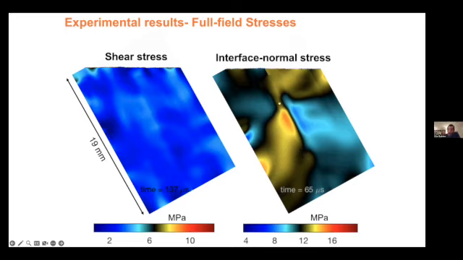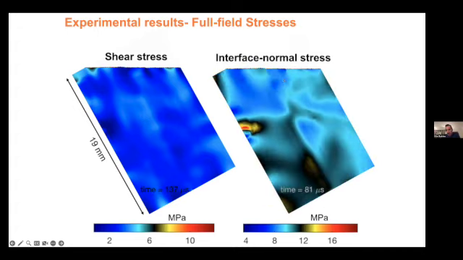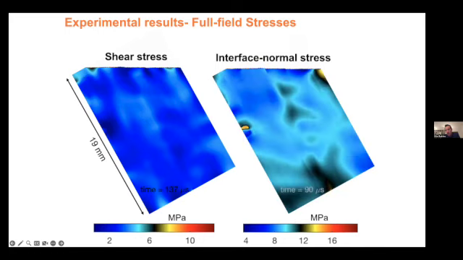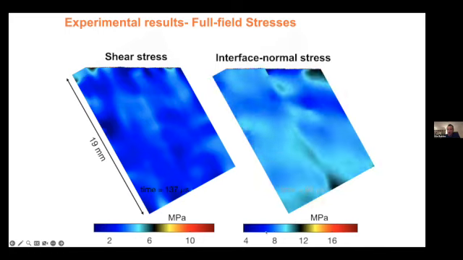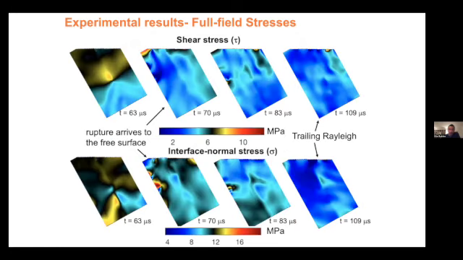So black here is no change in normal stress. About 12 MPa is the level of pre-stress on the interface. And so for a rupture propagating in the bulk, normal stress stays constant. Now we'll see that when the rupture hits the free surface, then there is this blue portion, which means reduction in the normal stress. They happen on the time scale of microseconds, so they are pretty rapid.